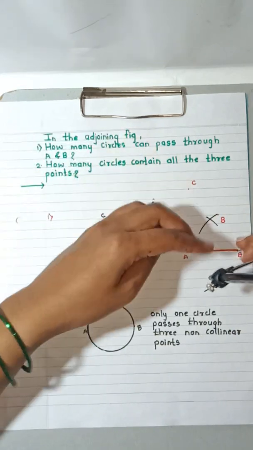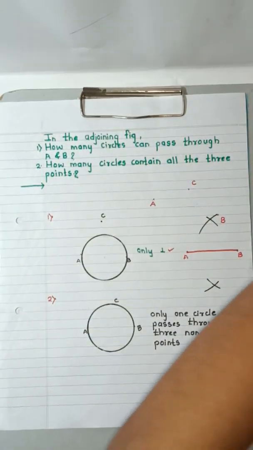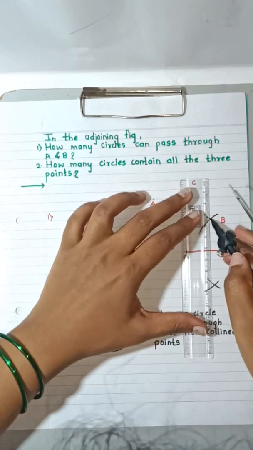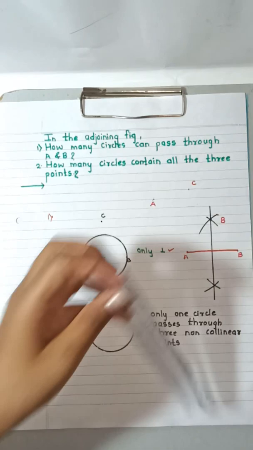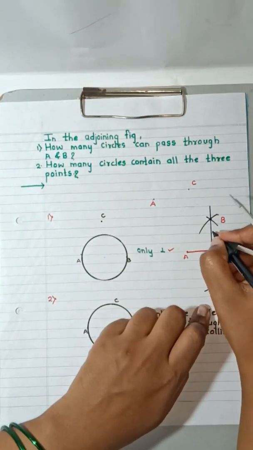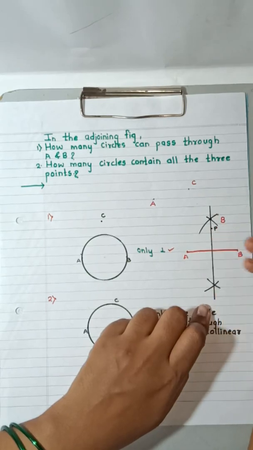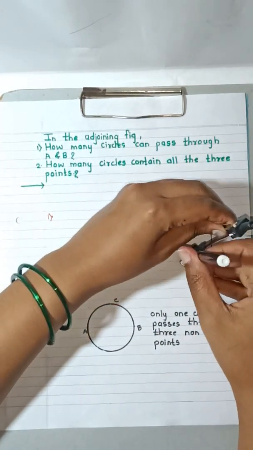Again we'll mark it over here and we'll draw a perpendicular bisector. Now on this perpendicular bisector, if you take any point here, suppose I take point P, I'll draw a circle.